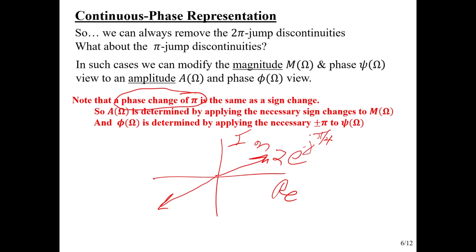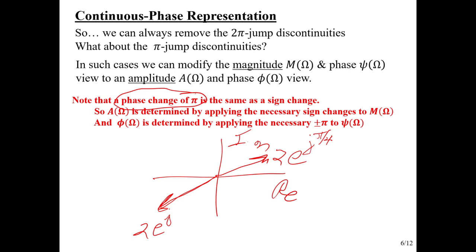Well, I could write this number here as just the negative of that. So that's going to be 2e to the j, well, it's pi away, right? So I could add pi to this or subtract. I don't need the minus j there. Let me erase that. e to the j pi over 4.